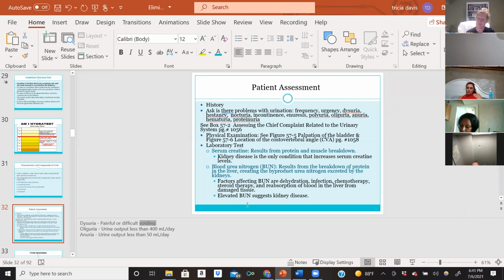And then they have to intermittently get fluids between the chemo. And then once it ends, more fluids. Steroid therapy can damage our kidneys, and then reabsorption of blood in the liver can also damage our tissue. And then elevated BUN is also suggestive of kidney disease.